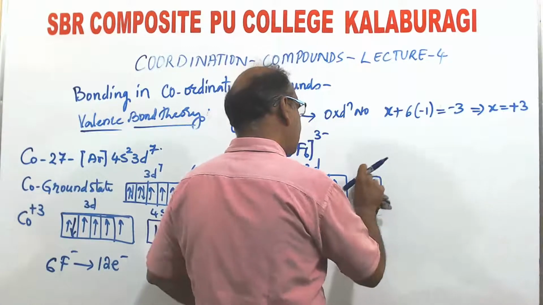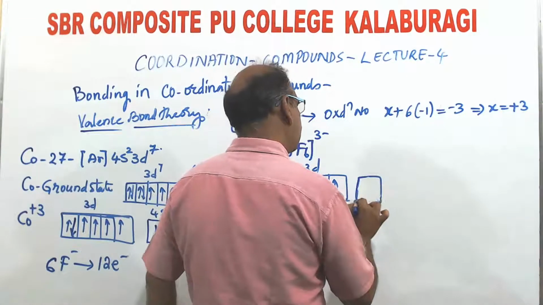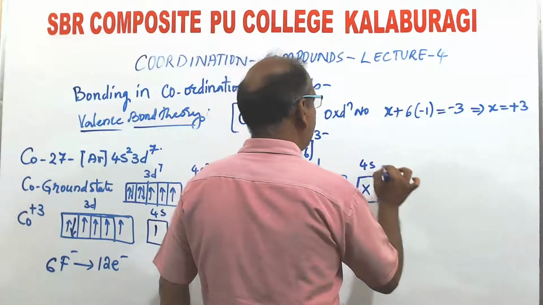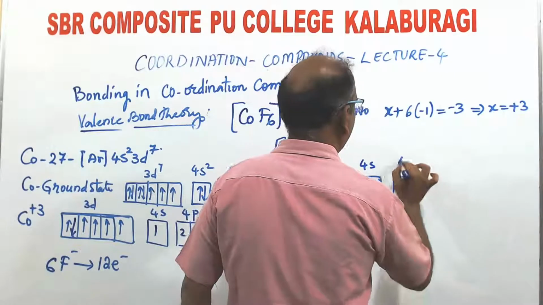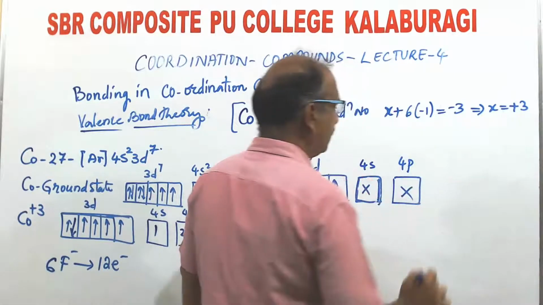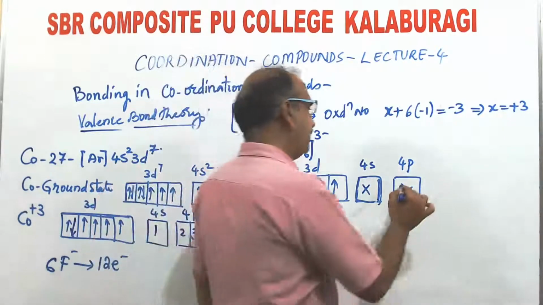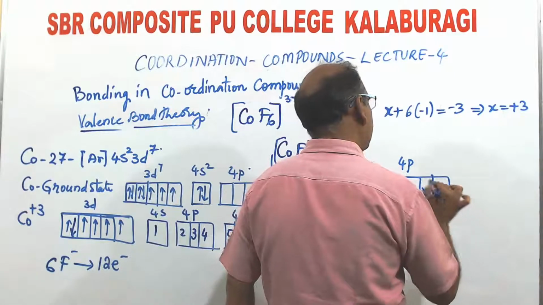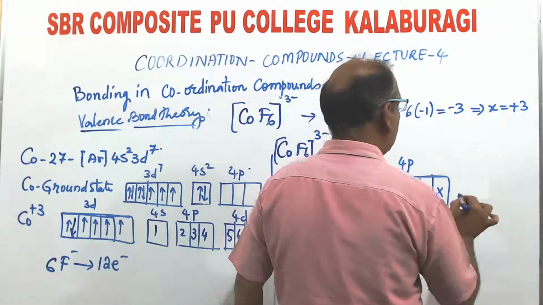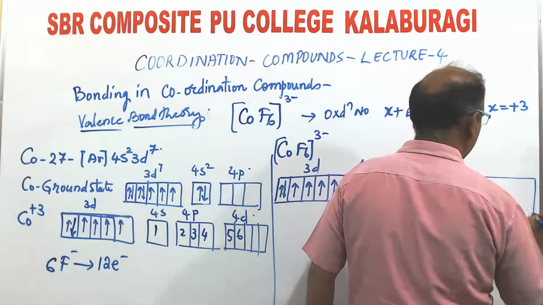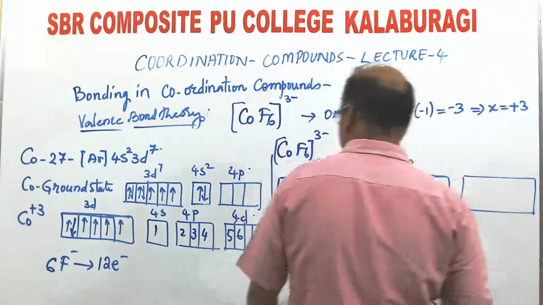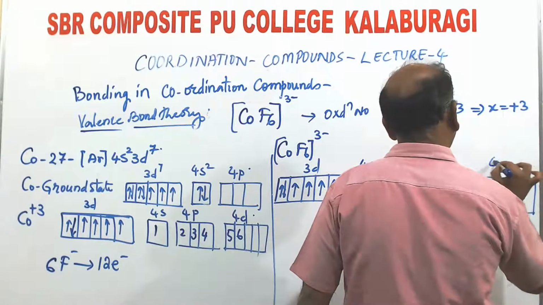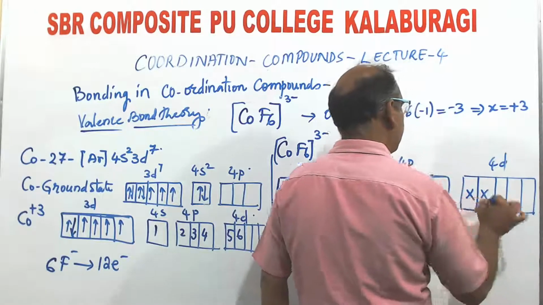These electrons are of the fluorine, so let us represent them as X. 4s level. Then the 4p level is there. Here also one more X. 4p level has 3 orbitals present, X and X. Then you have 4d. Here also X and X.